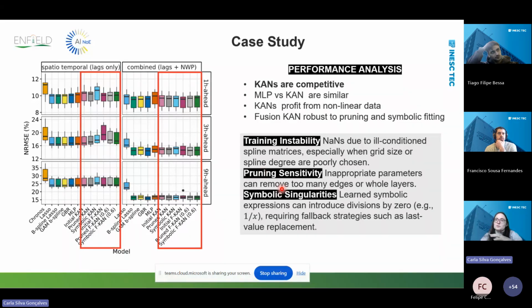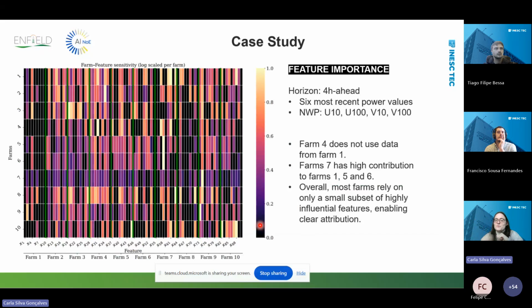If we don't, we will lose some interpretability because at the end the expressions are huge. And there are also some symbolic singularities sometimes because if it learns, for example, that the function is 1 over x, and it learned in a training set that didn't have the zeros, when a zero happened in the test set, then we have a problem because of the 1 over 0.